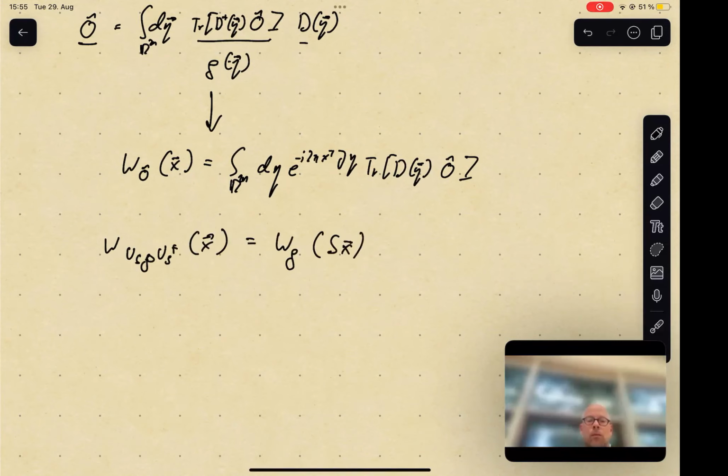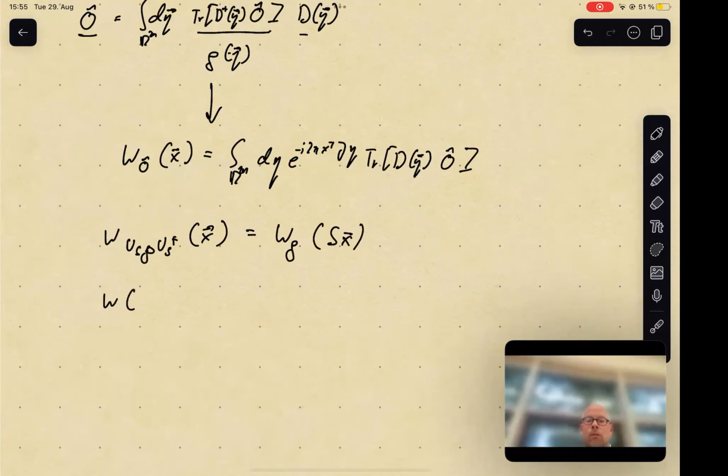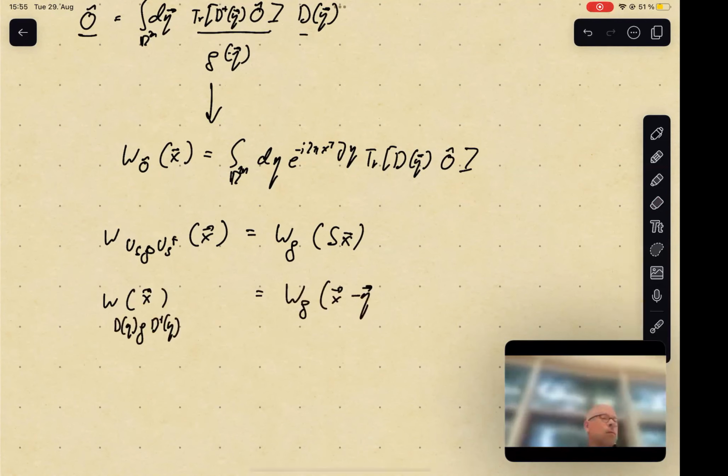In the same fashion, for a displacement operator, D eta rho D dagger eta at x, that's the same as a shift of the Wigner function. So the Wigner function becomes something like a pseudo wave function.